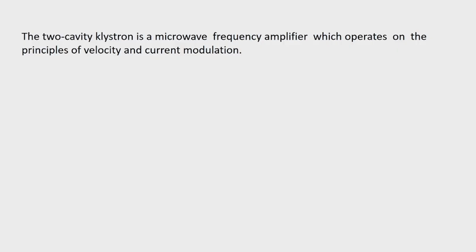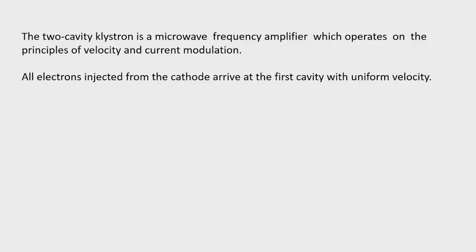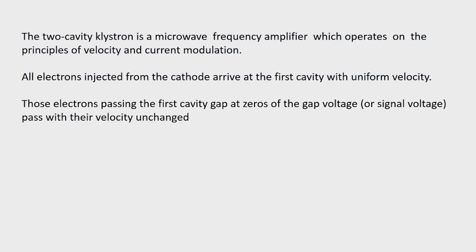The two cavity klystron is a microwave frequency amplifier which operates on the principle of velocity and current modulation. All electrons injected from the cathode arrive at the first cavity with uniform velocity. These electrons passing the first cavity gap at zeros of the gap voltage pass with their velocity unchanged.